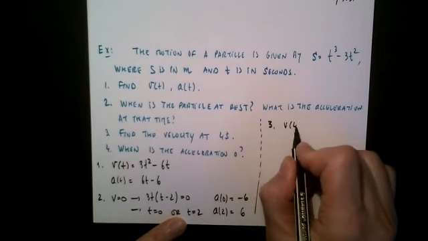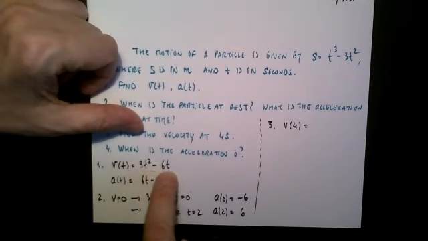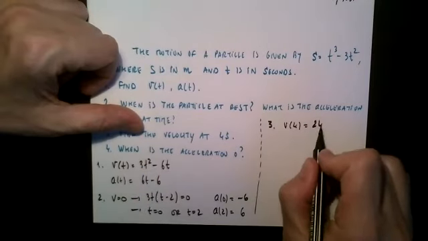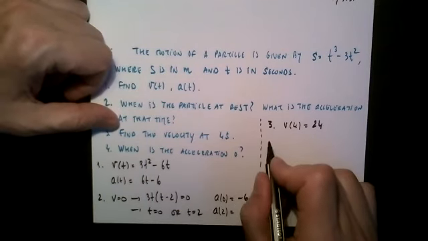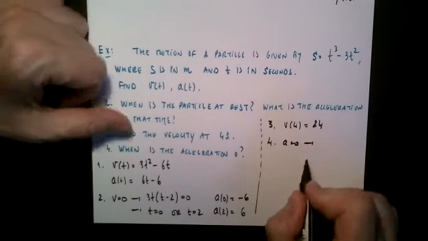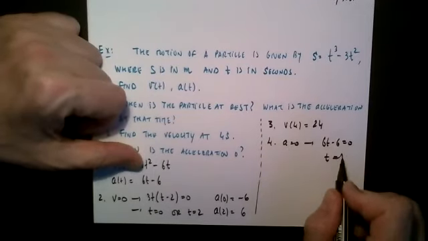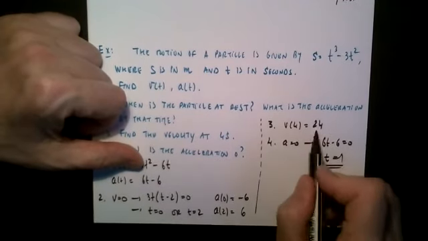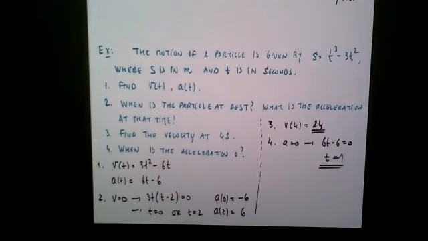So v of 4, I just plug in 4 in here. So 48 minus 24 is 24. Okay, and when is the acceleration equal to 0? So a equals 0 means that 6t minus 6 equals 0, so t equals 1. And that's it. Okay, it's a very easy question.